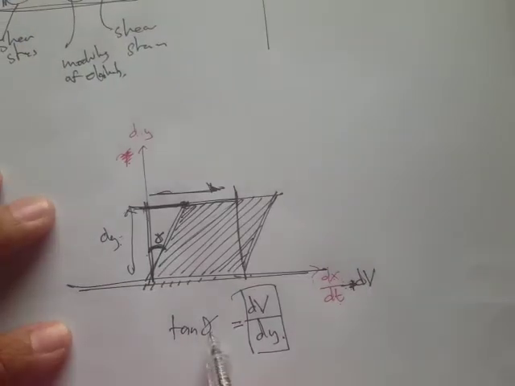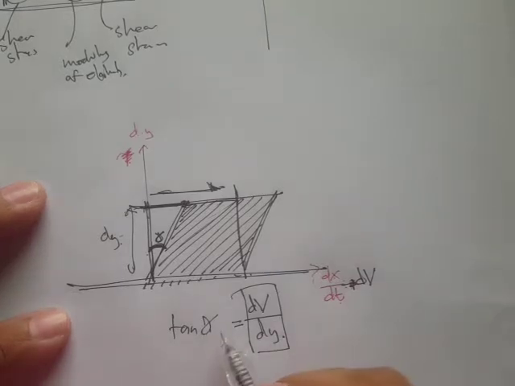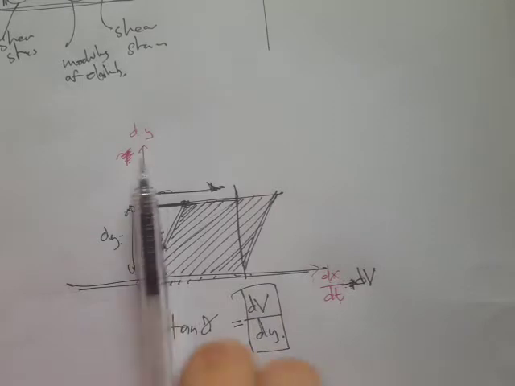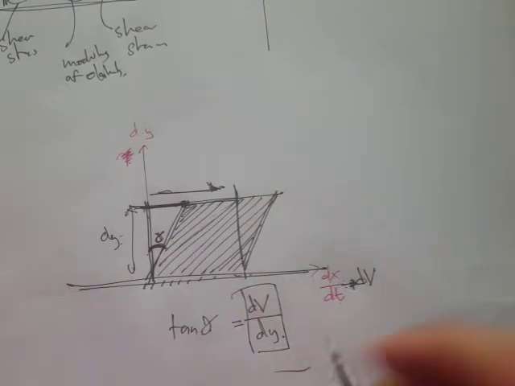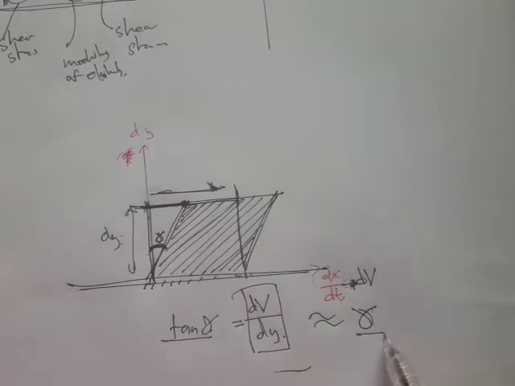and you might ask, what happens to this tangent? Now, if we have a very small angle, then the tangent is approximately equal to the angle itself. Tangent gamma is just equal to gamma itself.